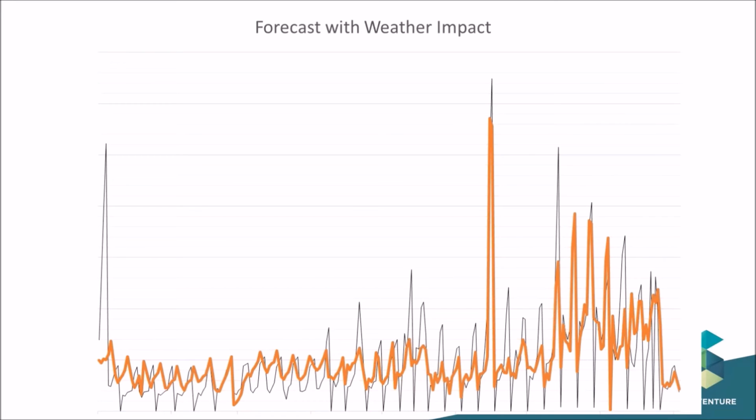I really dare you to ask yourself the question, how can I ever make a forecast of this dairy product without including weather information? It's nearly impossible. And it's the same for the business-to-business example we have given.